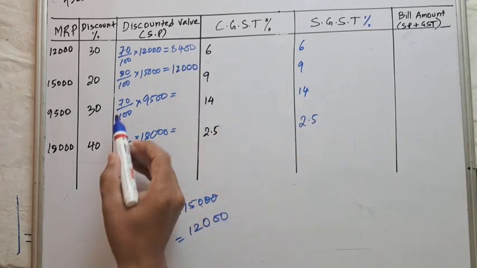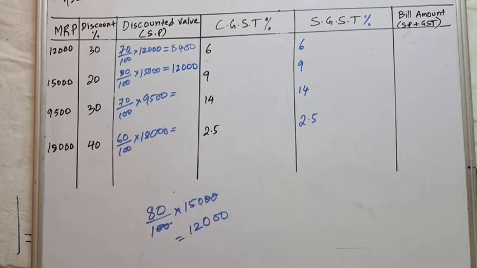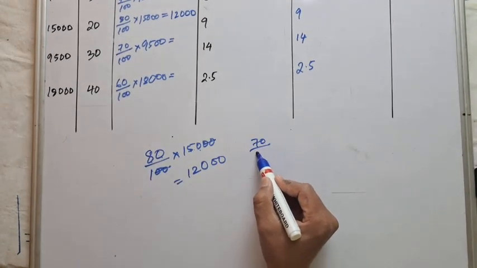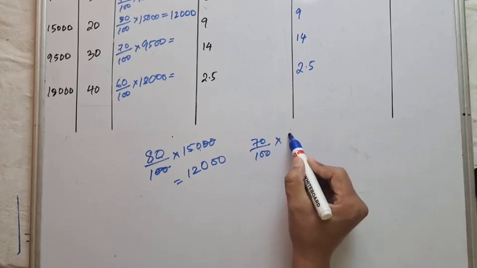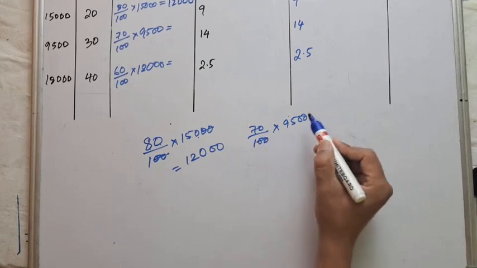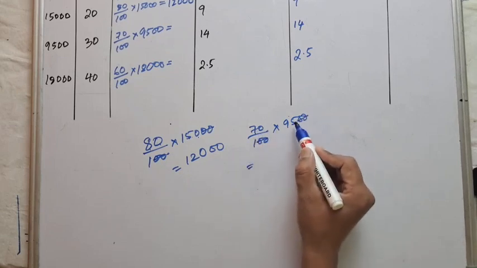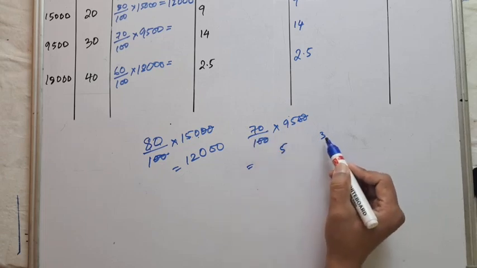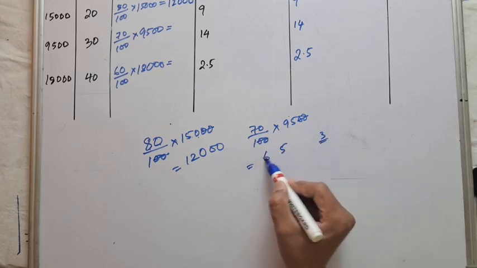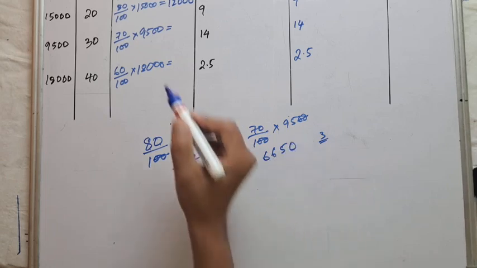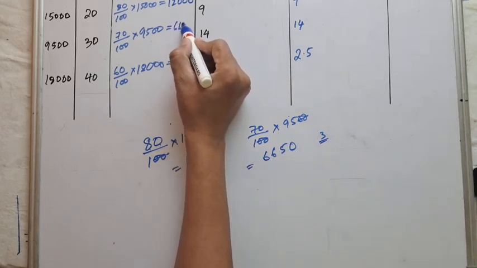Now 70% of 9,500. Two zeros cancel out. 7 5s are 35, 5, 3 in hand, 7 9s are 63. 63 plus 3 is 66. This 0 we write here. So 6,650.